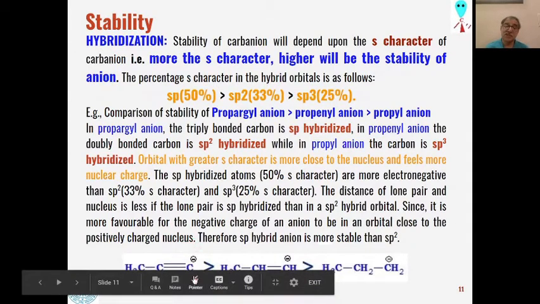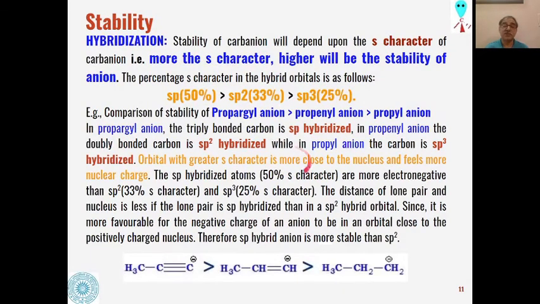So the s character is more in this case as compared to this, and more in this case as compared to this. So the higher the s character, the higher will be the stability. That is why this carbanion will be more stable than the double bonded carbanion and the saturated carbanion. So this is how hybridization determines which carbanion is more stable, because of the amount of s character present in the hybridization of that carbon.